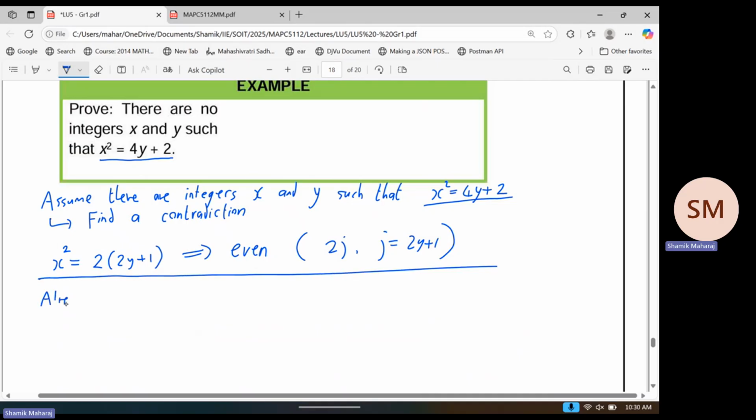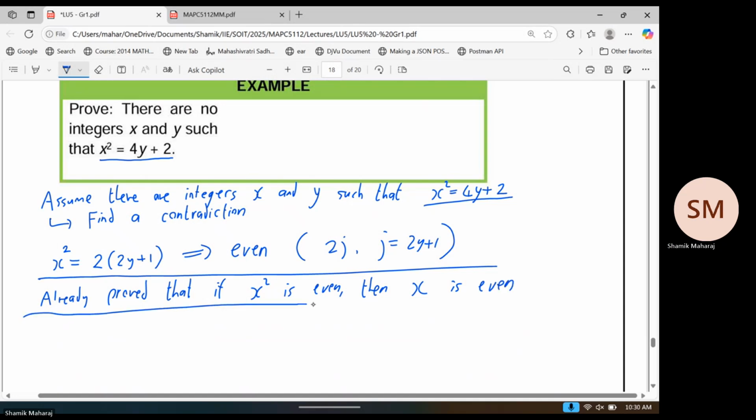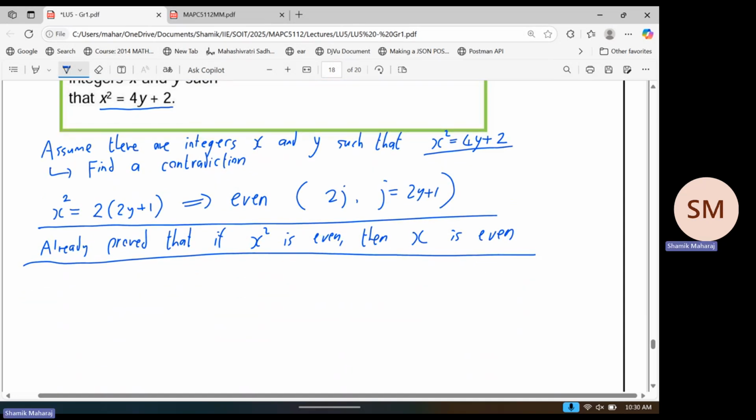So already proved that if x squared is even, then x is even. Okay. So we've already proved that x is even. So that means I can write x as 2 times something. Let's call it 2n, where n is some integer.